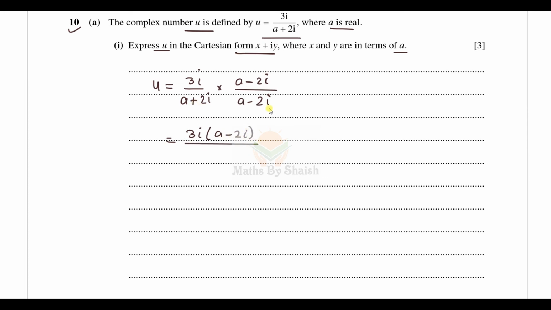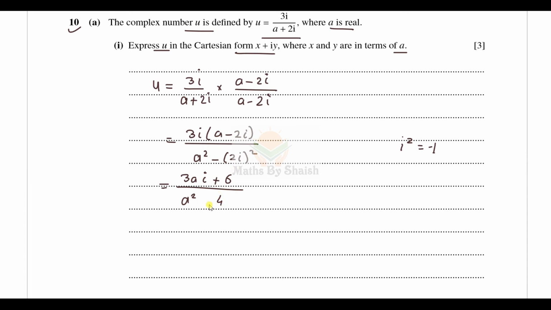Now we know that iota squared is minus 1, so we'll use this here and we get 3a iota minus 6 iota squared, that is minus 1, so it becomes plus 6, over a squared plus 4.